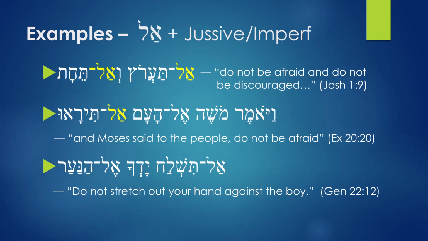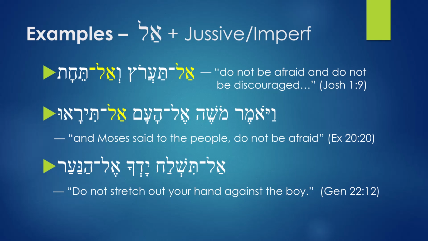It's saying, do not do this right now. And the English translation says, and Moses saying to the people, do not be afraid. So again, Moses is telling the people, you have no reason to be afraid in this moment, in this situation. So it's a situational command. It's a situational prohibition.